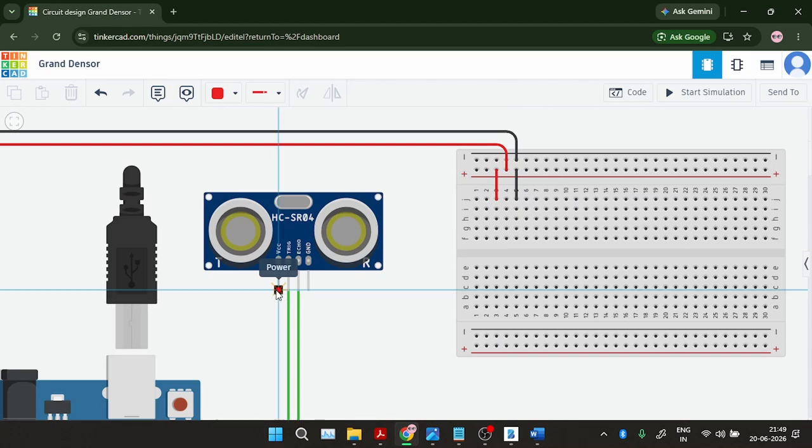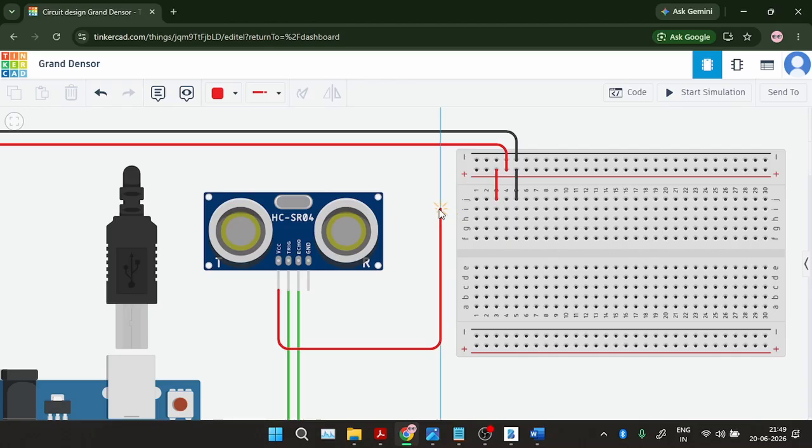So what I'm going to do is connect the power supply to this pin, or else I can do it much better, right?